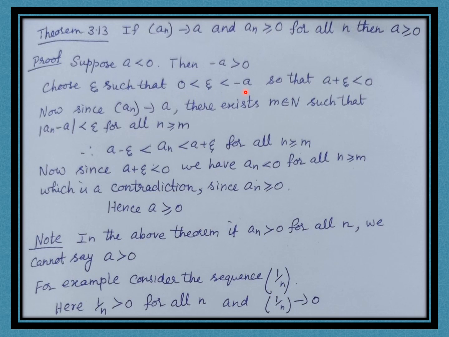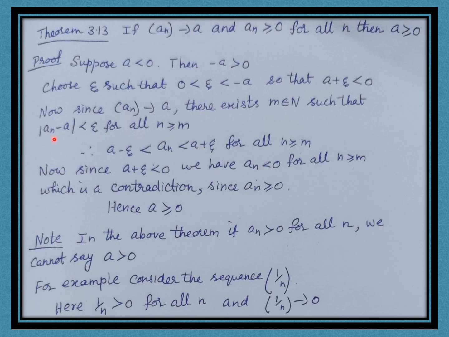In this case, we have a plus epsilon is less than 0. So, when we take this a to the left hand side, we will have a plus epsilon less than 0, right? By the hypothesis, as sequence an converges to a, there exists a natural number m such that absolute value of an minus a is less than epsilon for all n greater than or equal to m.